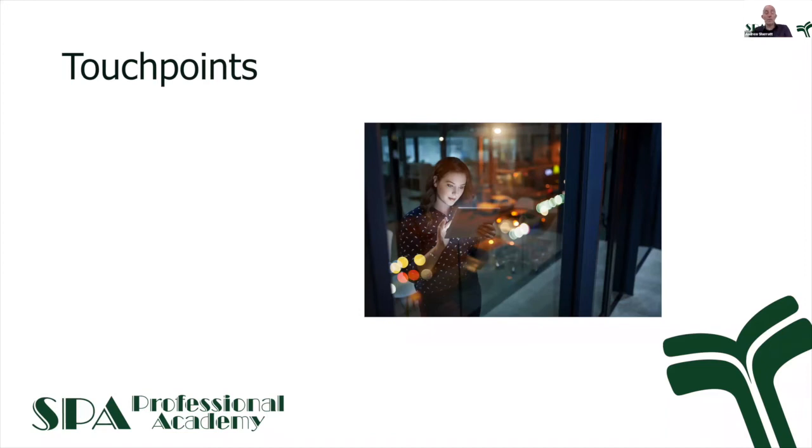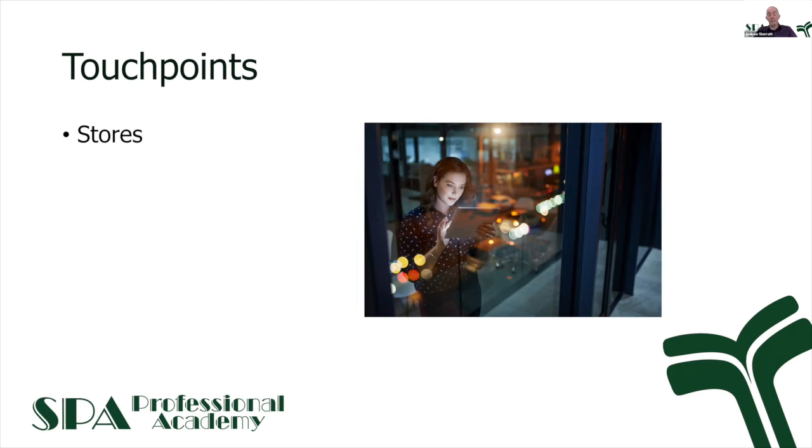But in terms of the touch points, what sort of things are we thinking about here? We're looking at where that customer has any form of interaction with us as an organization. What are those touch points? And that can include online and offline stores. If we have physical stores, a visit to our store is a touch point.